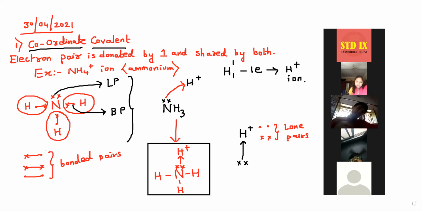And what you really need to do is represent those two crosses to show which electrons are being shared. Beside that, we have to write H plus.